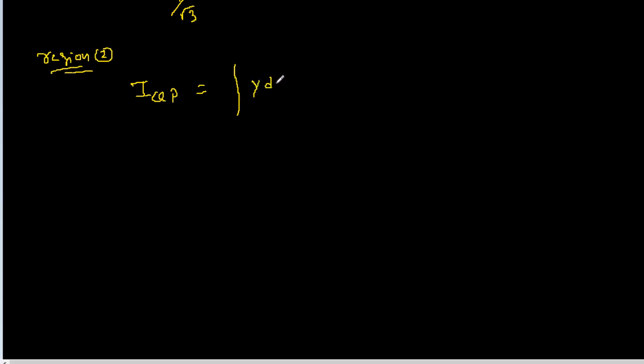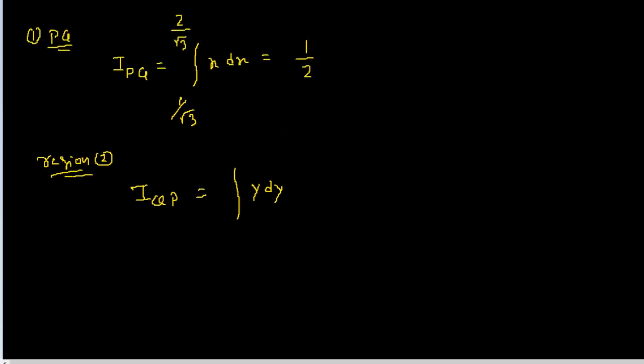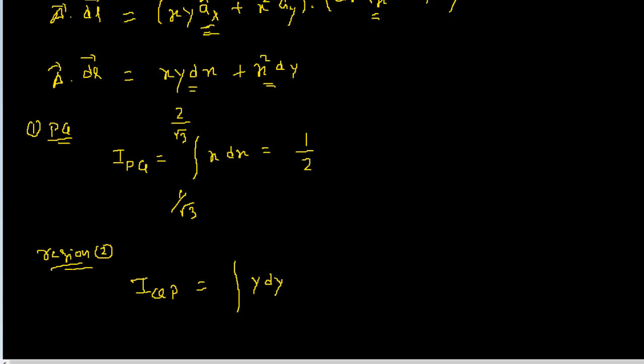dy. Okay, and the standard equation here below is the thing that we have in the y direction, x square dy. Okay, and the region comes from here, we have y also. Okay, sorry for that.